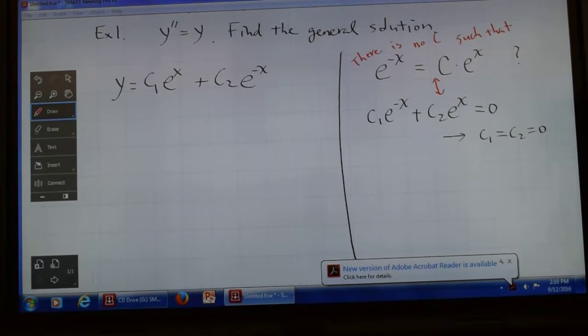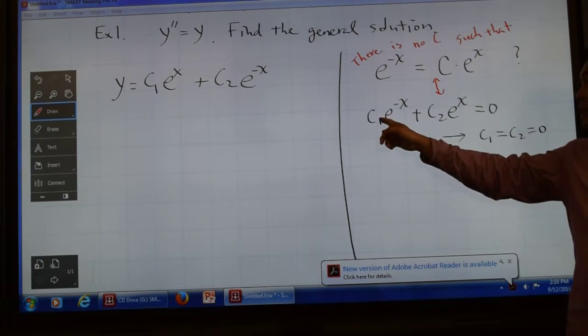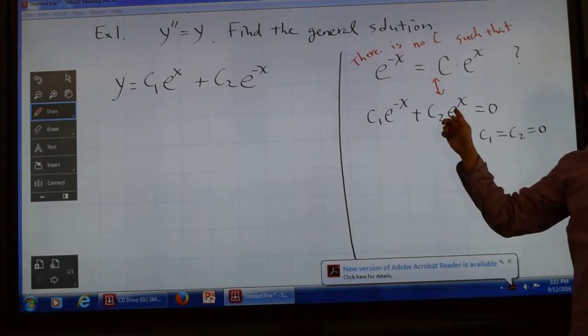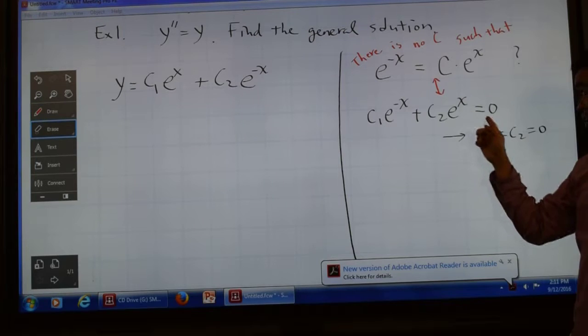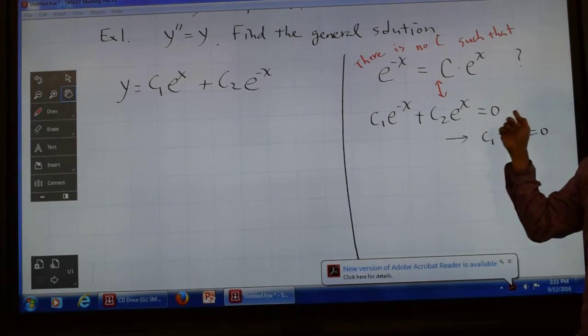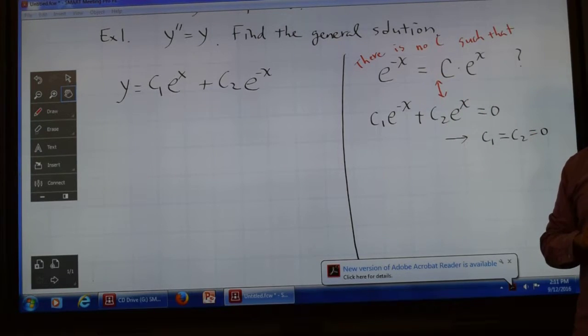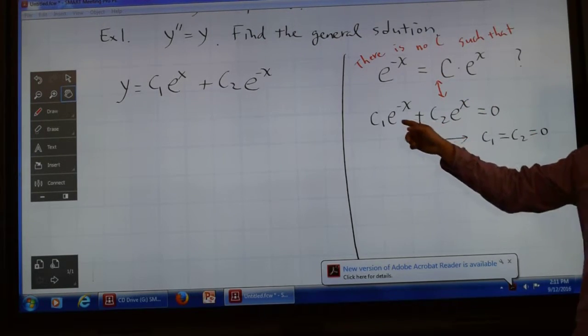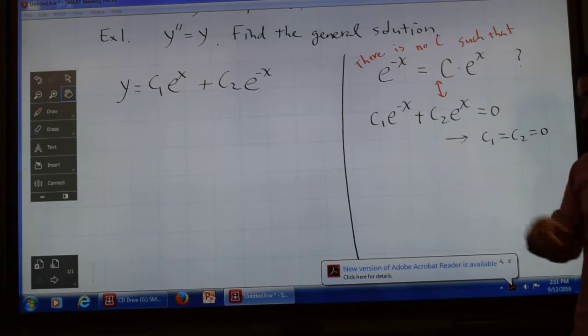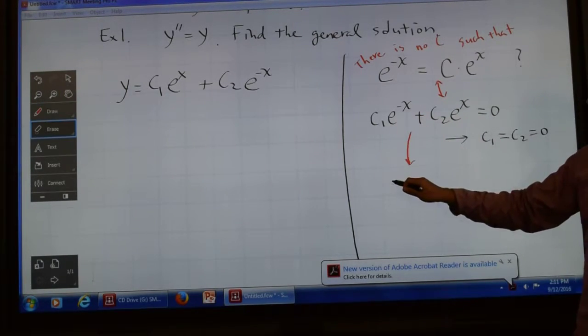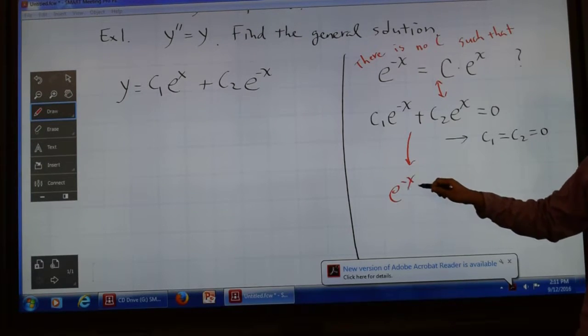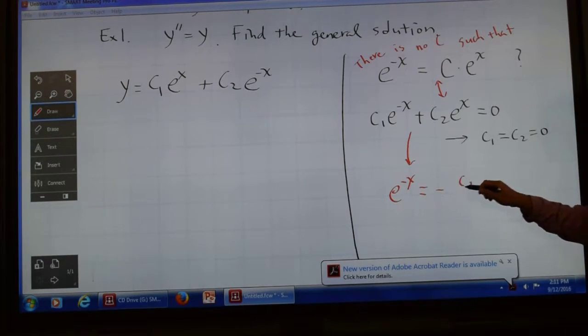So let me explain why. If you had C1 and C2 non-zero, and it satisfied this equation, how can you turn this into this statement? You can just solve for e to the negative x, right? If you solve for e to the negative x, this will turn into what? e to the negative x is equal to negative C2 over C1 e to the x.